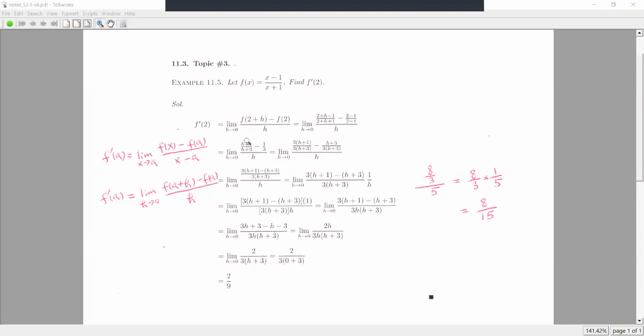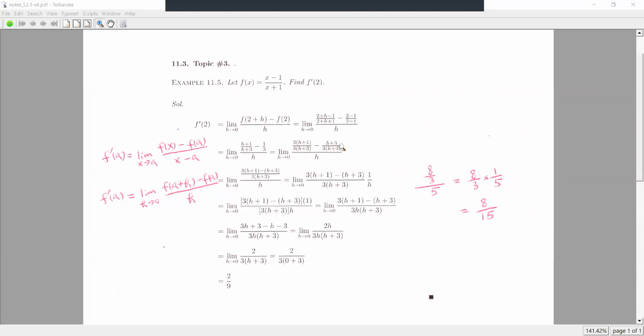Now, I multiply the top and the bottom in the first term by the number 3. Multiply the top and the bottom in the second term by h plus 3. Then I have this equation.